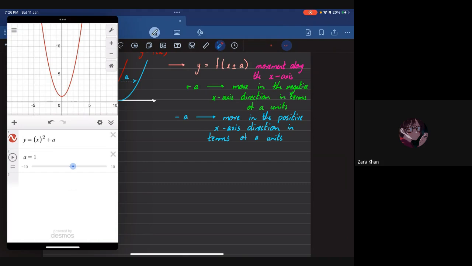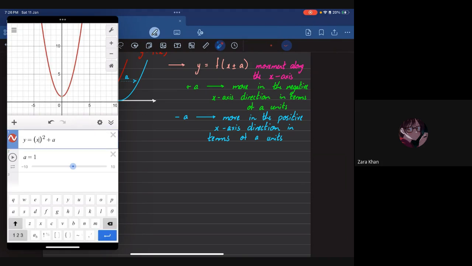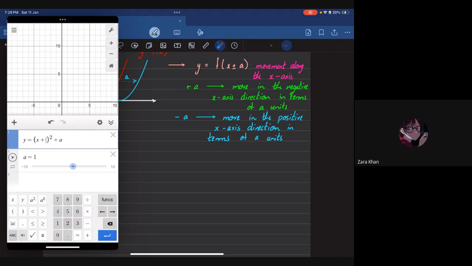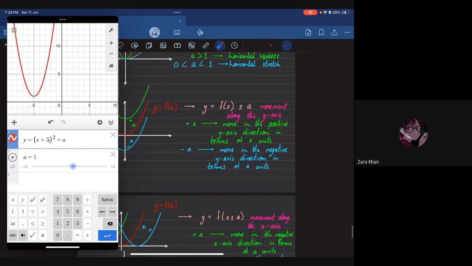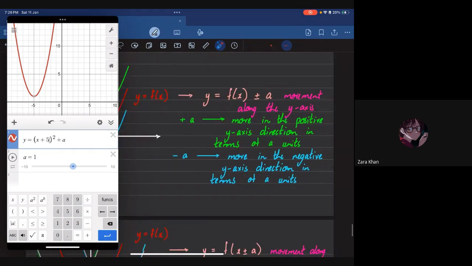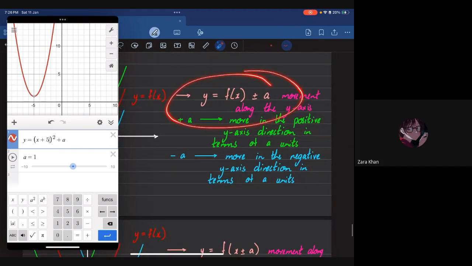Now, this is something which is adding to the entire equation. For example, if I alter this equation, it can be x plus 2 or x plus 5, whole squared. Clear? This is adding to the entire equation. You will notice that a is adding to the entire equation. This is what is happening over here, where y is equal to f of x plus or minus a.